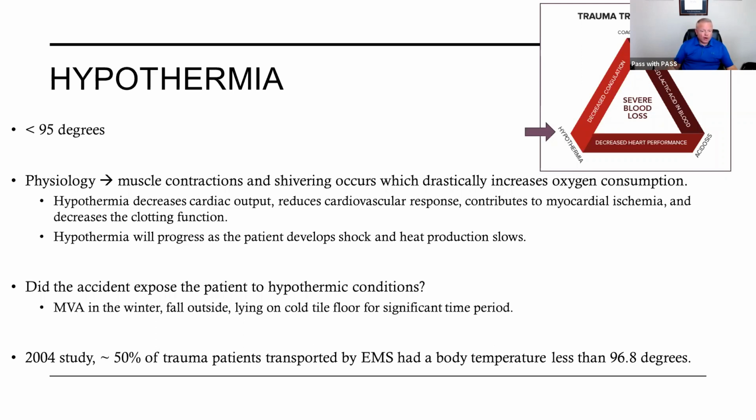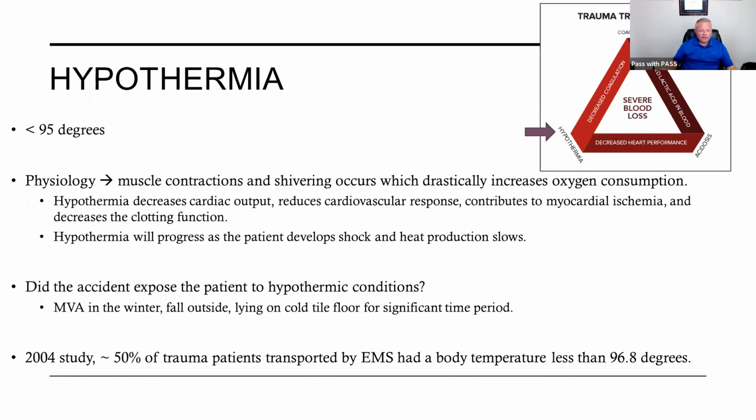So if we're dropping our cardiac output, and we know cardiac output is related to stroke volume times heart rate, how much blood are they actually able to eject from that left ventricle? That's your stroke volume, and it should be around 70 or so per ejection. Then we have to multiply that by the patient's heart rate. Once we know what that number is, we can figure out what our cardiac output is.